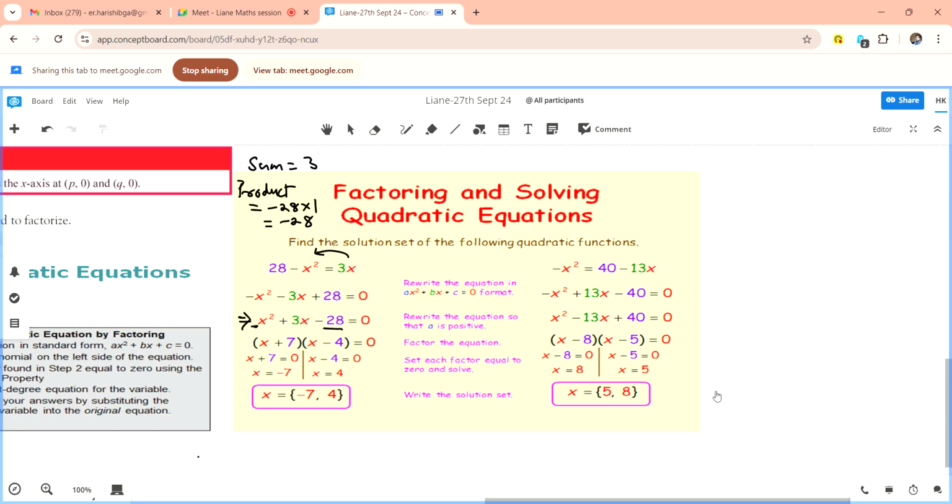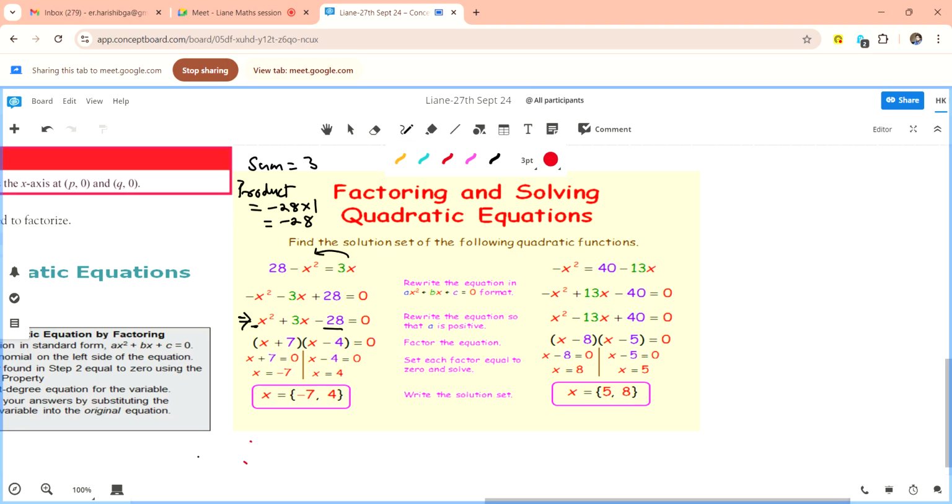Can we have the two numbers which I multiply to get minus 28 and which I add so that I'm going to get positive 3? So we'll start checking the two numbers whose product is minus 28.